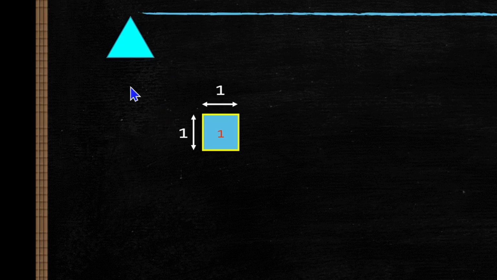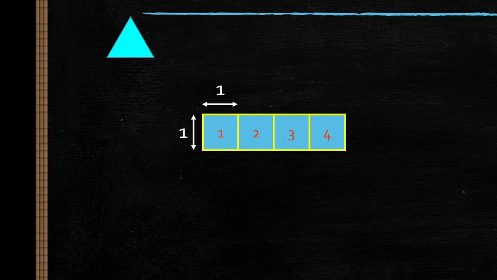So one square unit indicates the area occupied by a square shape of unit length of sides. So here the length is 1 unit and width is also 1 unit. The area of this small square is 1 square unit, and same area may also be occupied by a triangle or a circle or any shape. Now if I add 5 more unit squares with this one, then you get 6 unit squares.